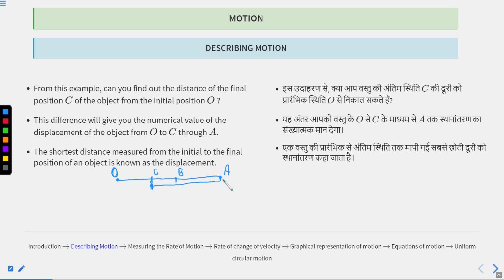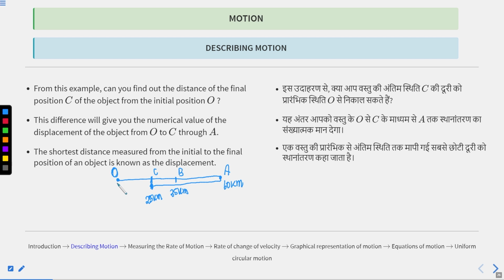So we have calculated total distance. C was 25 kilometer, B 35 kilometer, and A was 60 kilometers. And we have calculated the total distance or the total path traveled by you is 95 kilometers.